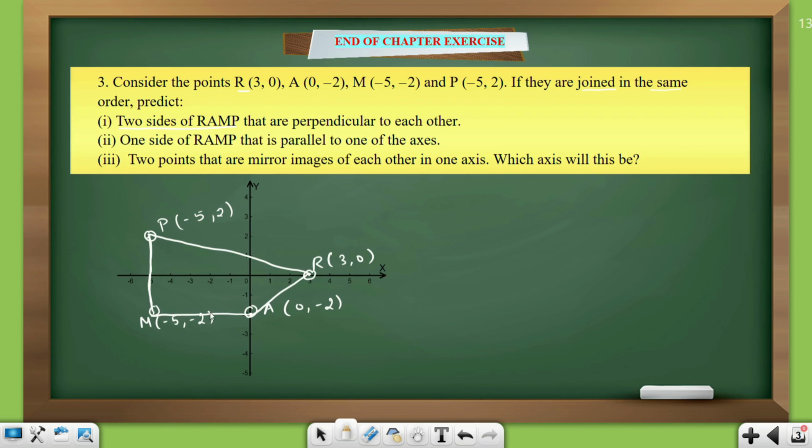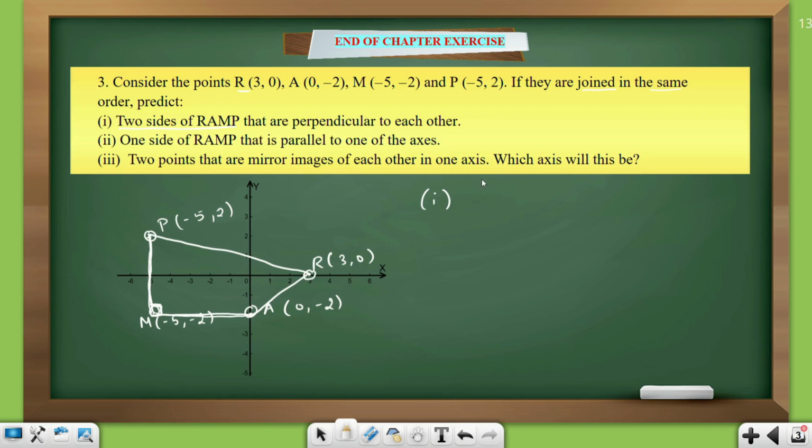Look at this side, AM. AM is parallel to the x axis, and the line MP is parallel to the y axis. Since the two axes are perpendicular to each other, the lines which are parallel to them are also perpendicular to each other.